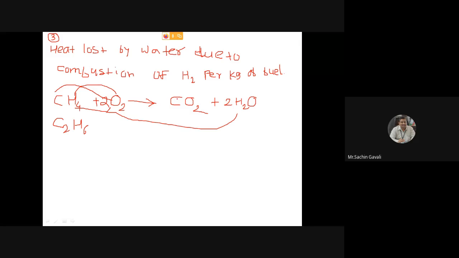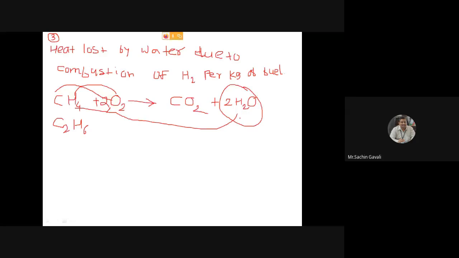What I want to show here is that in combustion the fuels are hydrocarbons, and during the combustion hydrogen in the fuel reacts with oxygen to form H2O. Whatever water is formed during the combustion acts as moisture.